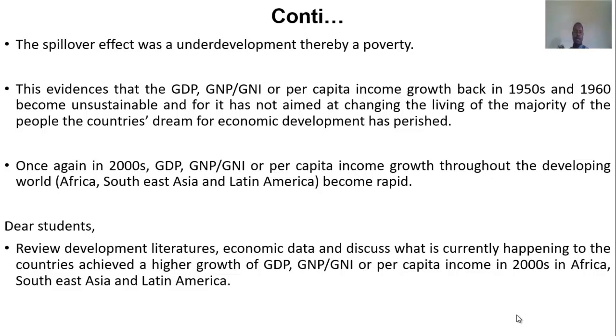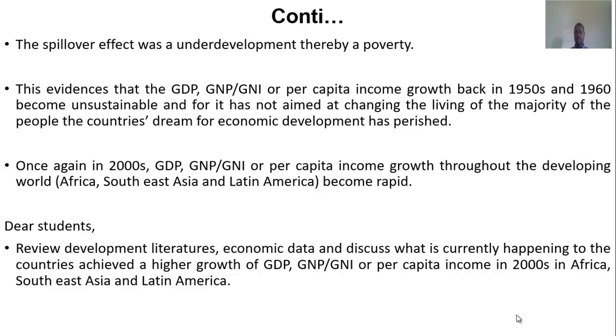The country's dream for economic development perished. The mere fact that GDP, GNP, GNI, or per capita income is increasing doesn't guarantee economic development, as was said in the 1950s and 1960s.